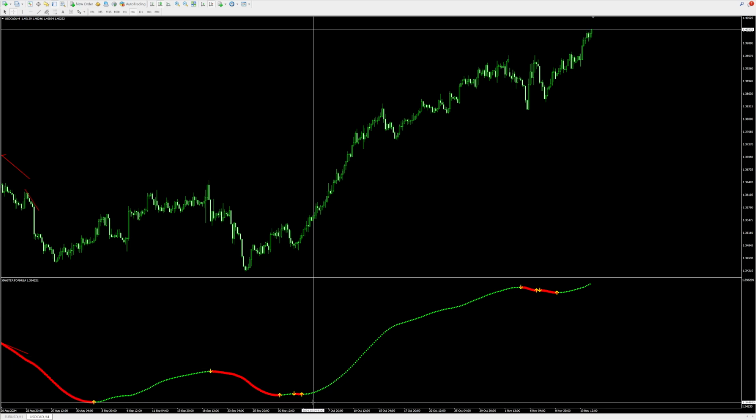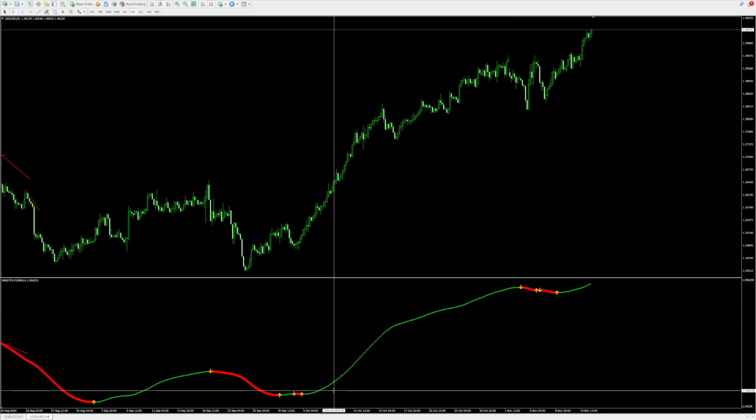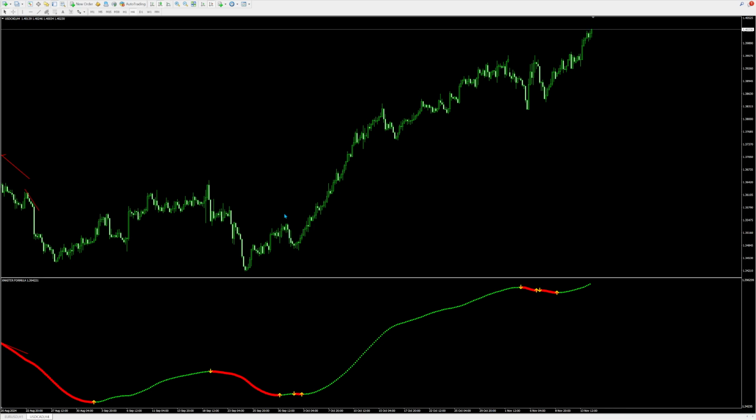So provided it is the color of the direction we want to trade, you can still use it. Let's say you want to trade this breakout here of that resistance level. It's green, it gives us our confirmation. Pull back here, breakout above, it's green, confirmed. Pullback, breakout, green, confirmed.